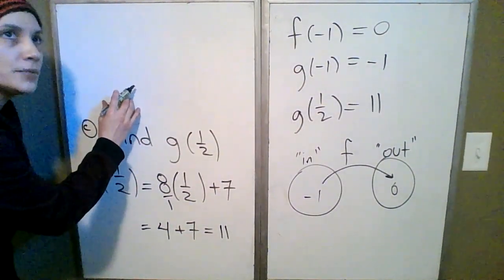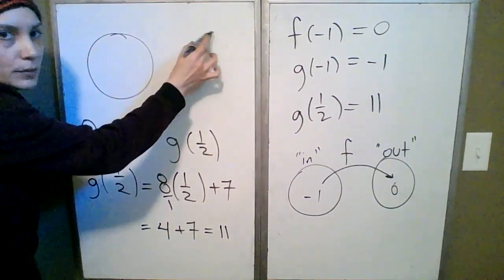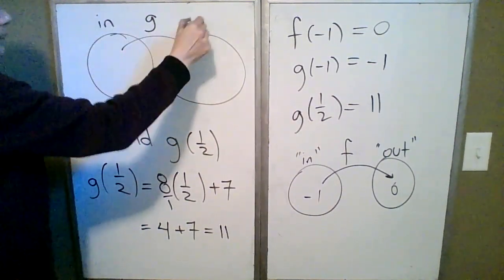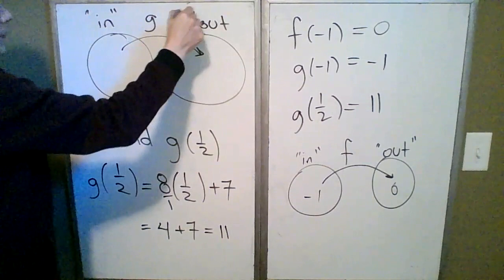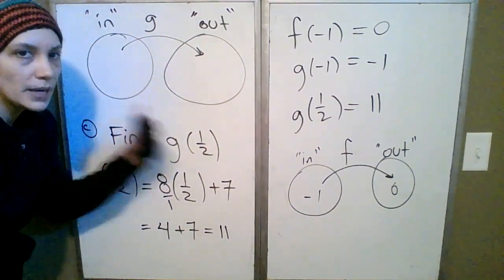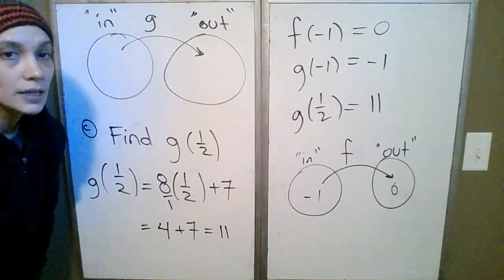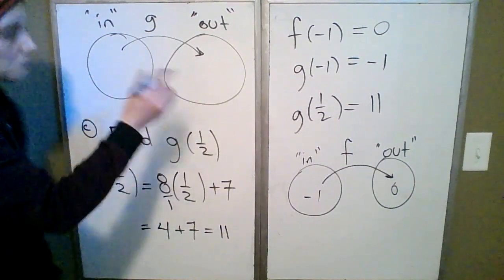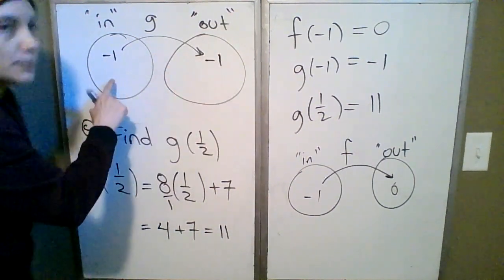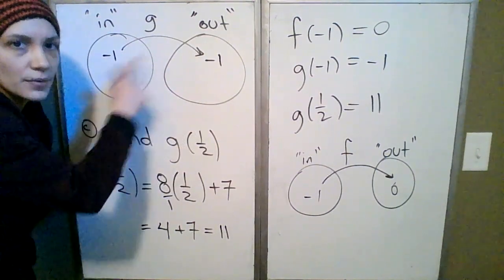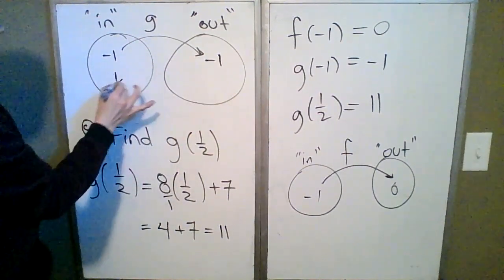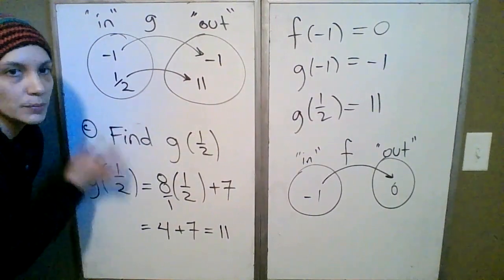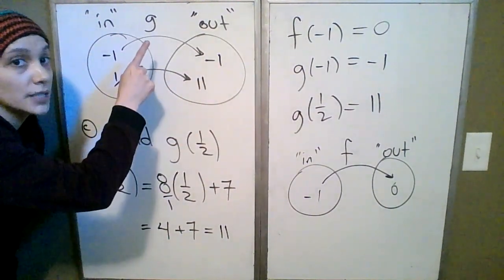And then your other function g has its own set of inputs and outputs, its own domain and range. g took -1 to -1, and it also would send 1/2 over to 11. And then other inputs would go to certain outputs depending on the function.